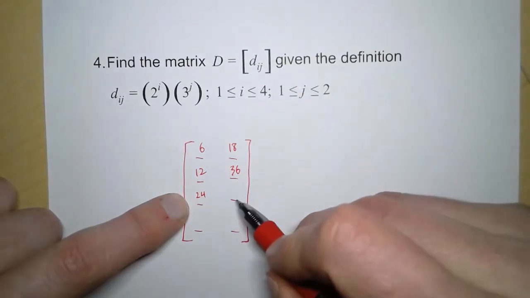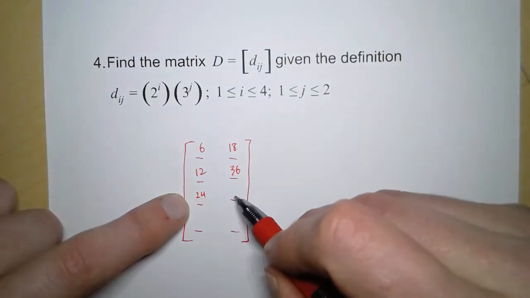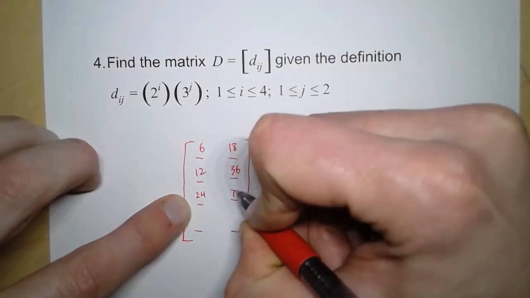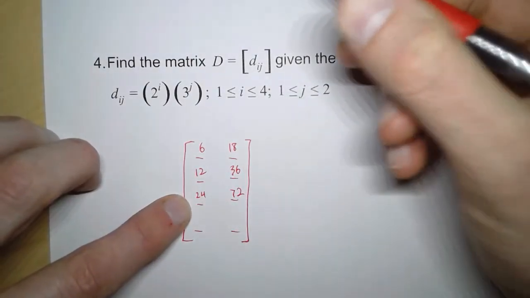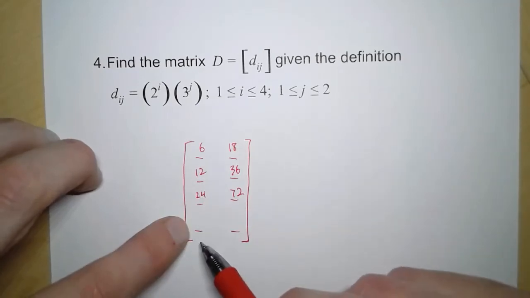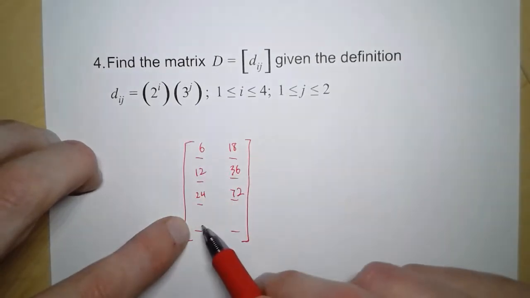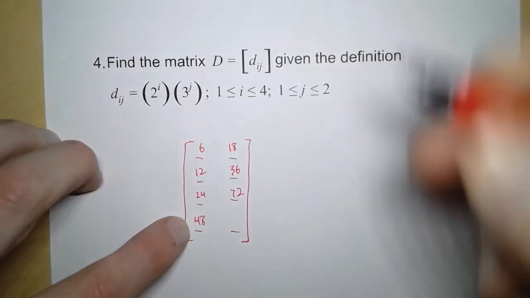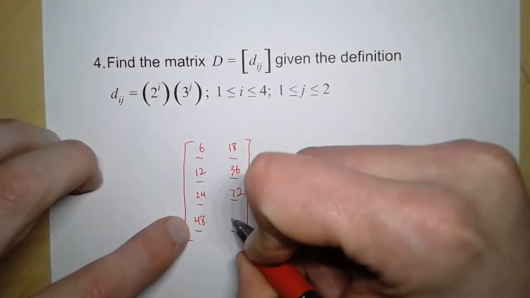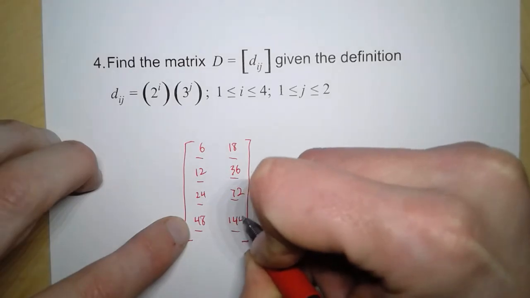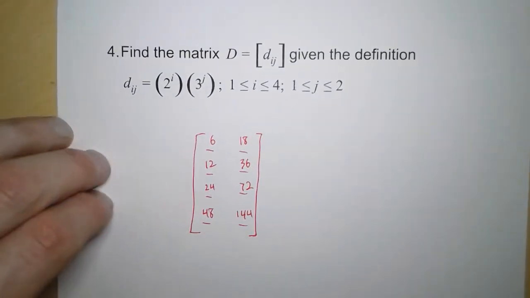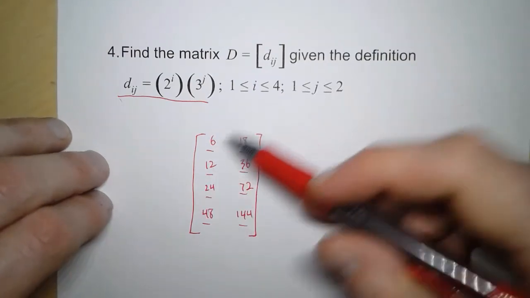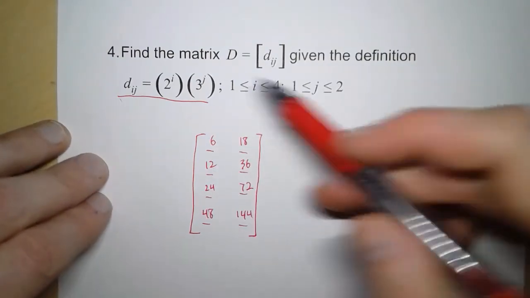And now, 3 in for i and 2 in for j, that should be 72. And then we have 2 to the 4th times 3 should be 48. And that should be 144. And so again, we're just following this rule to populate all the individual numbers for this entire matrix.